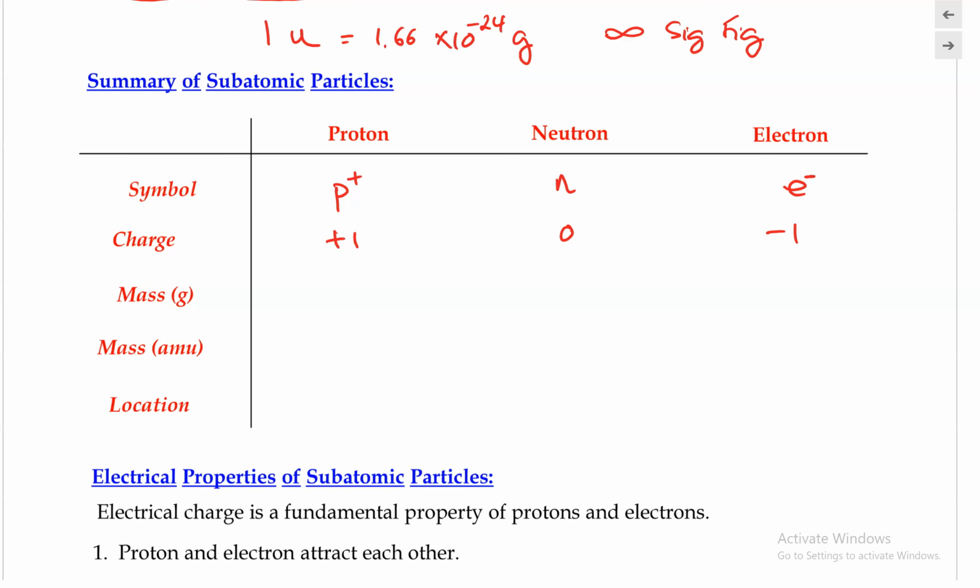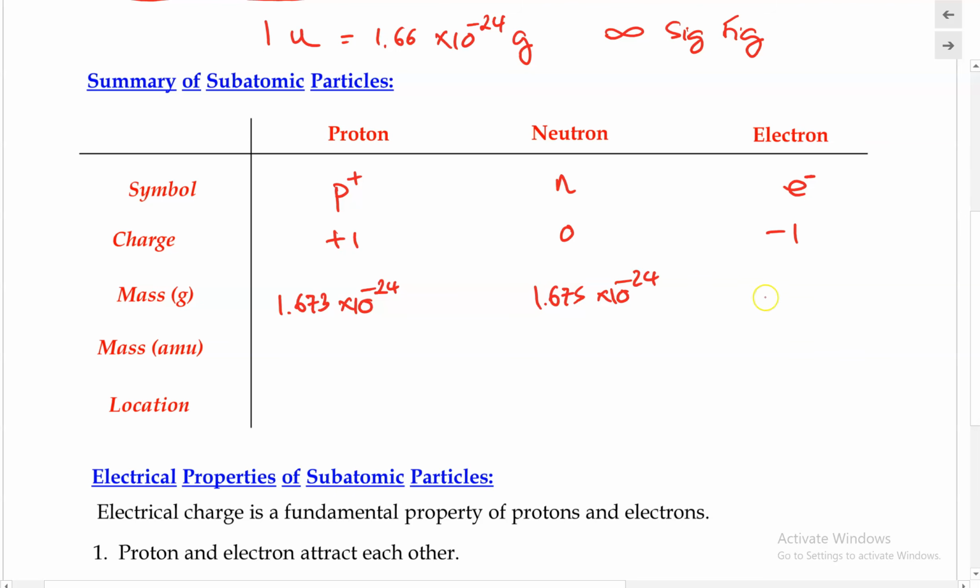As for the mass of these particles, the proton's is 1.673 times 10 to the negative 24 gram. As you can see, this is a very tiny value. And as for the neutron, its mass is 1.675 times 10 to the negative 24 gram. So quite close to the mass of the proton.